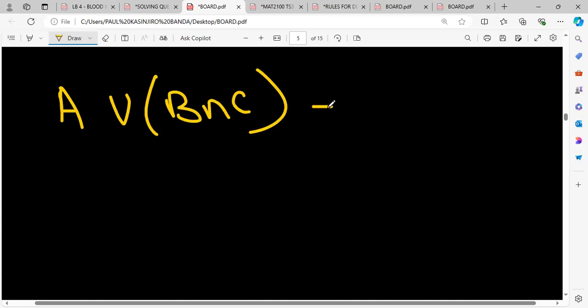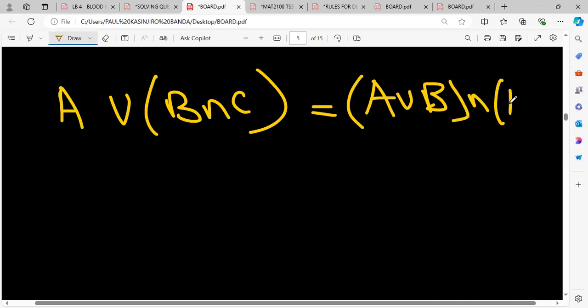The first one here that we want to verify is that A union B intersection C is actually equal to A union B intersection A union C. So we want to prove that this set is actually equal to this set. And then they've told us to use the elementary membership method, where we have to list each and every member of this.